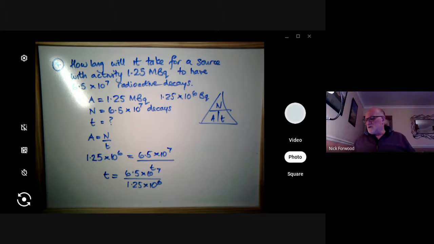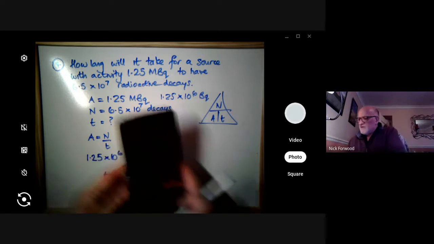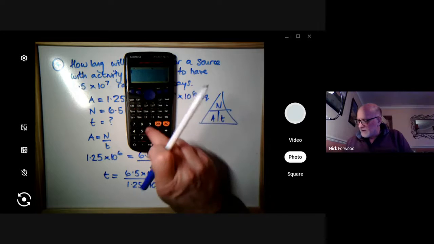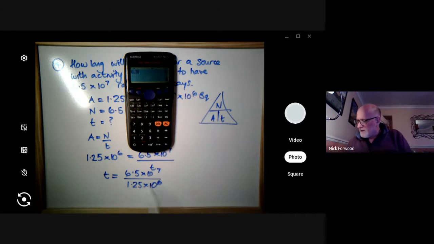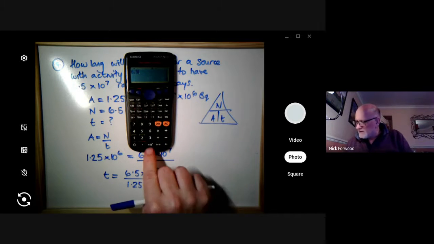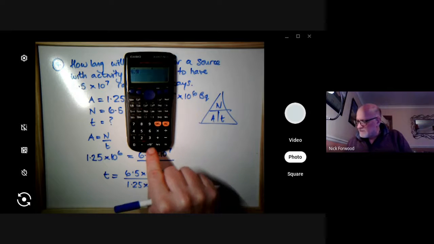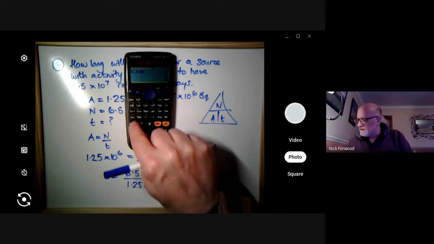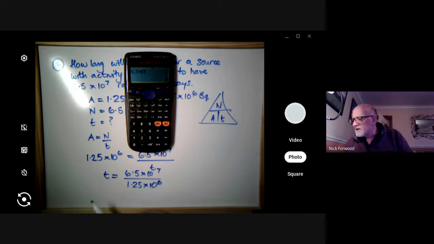Now, you're probably not going to be able to see this on my calculator, but just a reminder of calculator buttons. We would do 6.5 and then the times 10^x button, times 10 to the power of 7. And that's just a bit of a reminder how to do that.